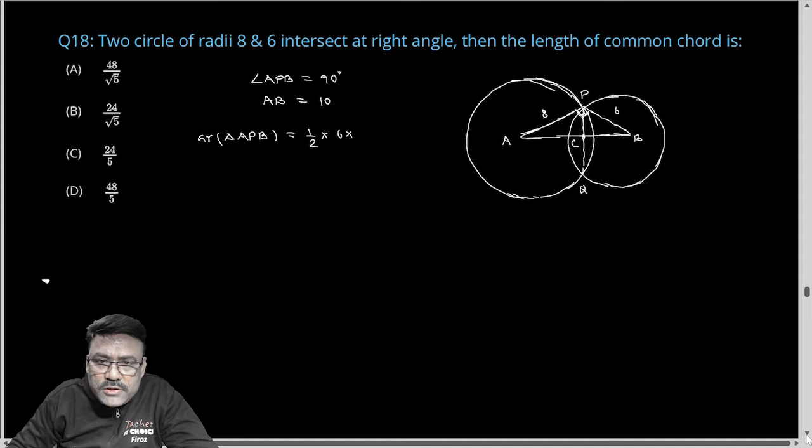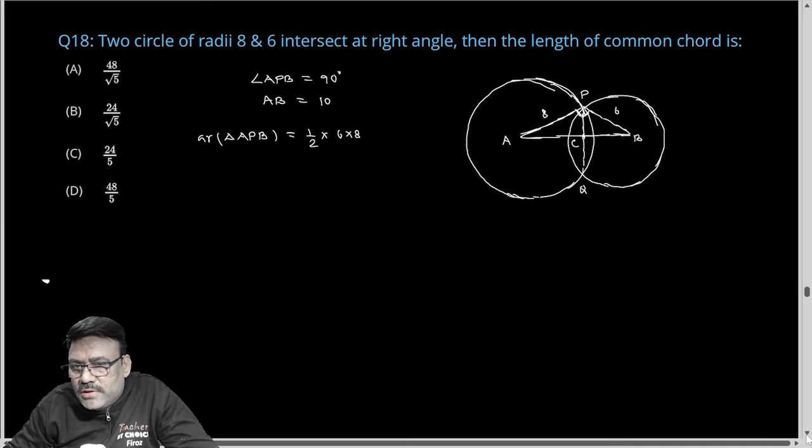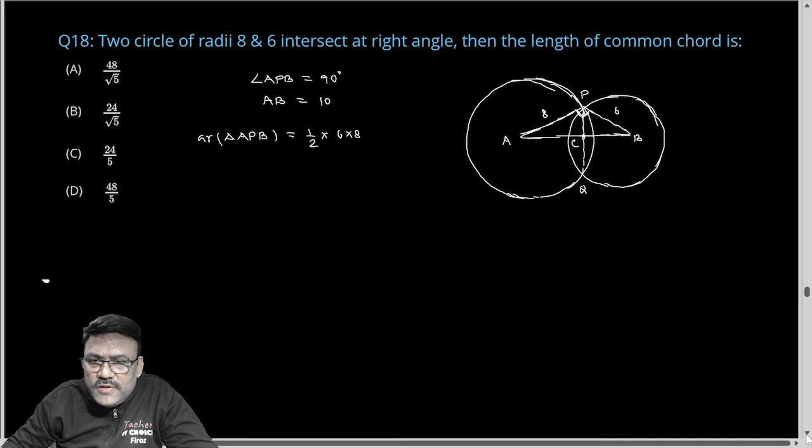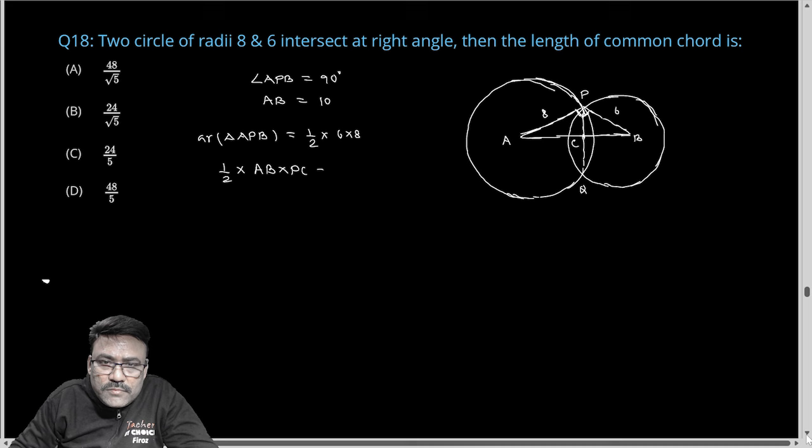Half 6 into 8 is the area of the triangle. And area of the same triangle APB, I can also write as half, if I take base as AB, then altitude will be PC. It is half into 48. Half disappears. AB we already know, AB is basically 10. So 10 PC is 48.